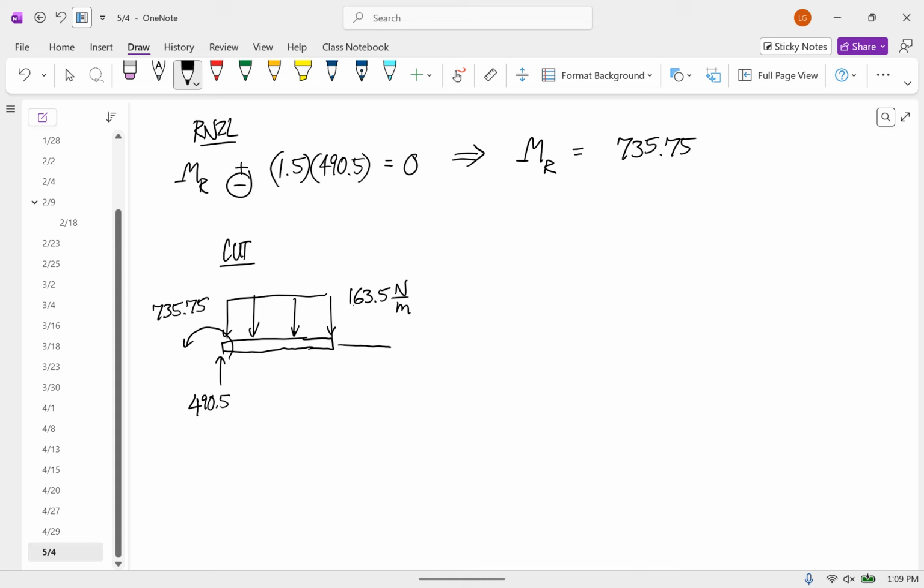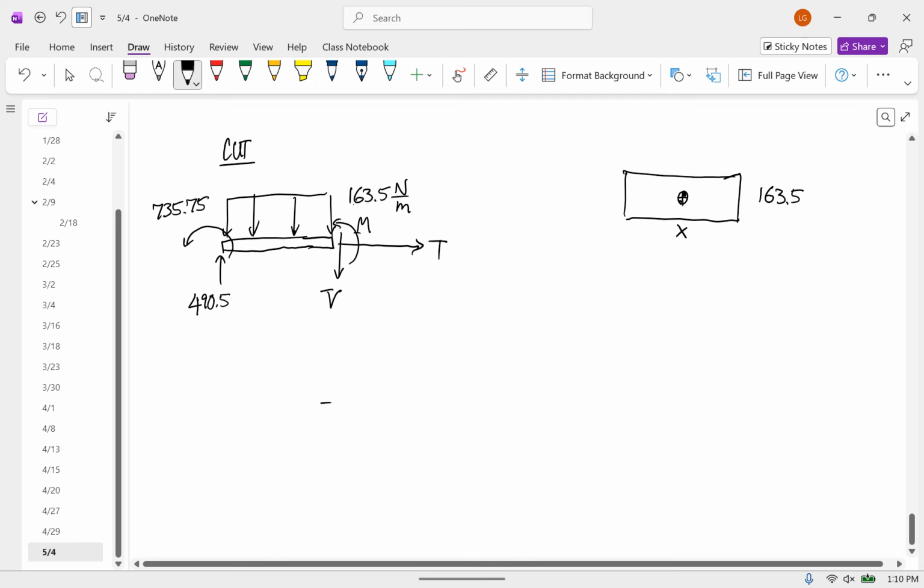And then we have our internal loads. There's our tension, shear force, bending moment. And to do calculations, we have to represent this distributed load as a point force. So the point force would be right at the middle of the rectangle. We have a width of x, a height of 163.5.